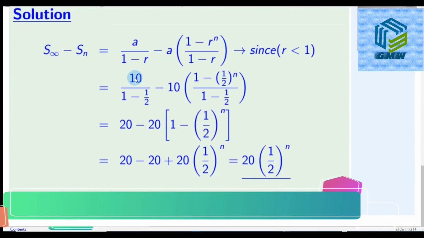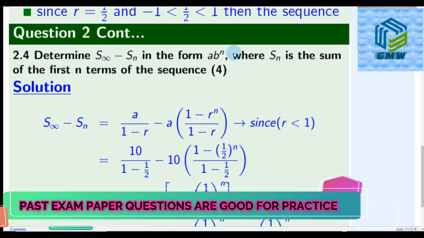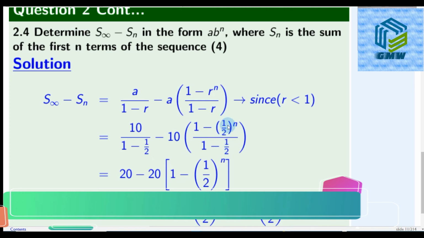That is what helped me make a choice on this one. Now everything else comes to substituting what we are provided. And remember, we are given a format that we should leave our answer in. So my a is 10, my r is half, I substituted. That is exactly what you are seeing here. I substituted all those.